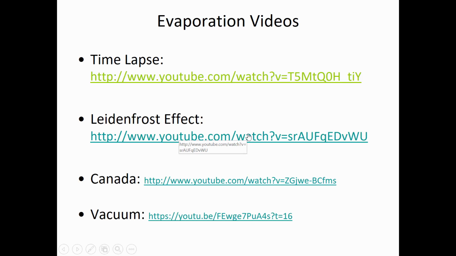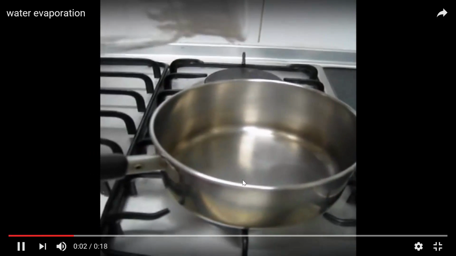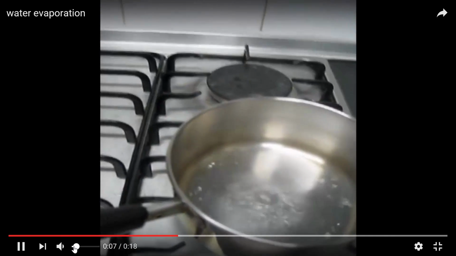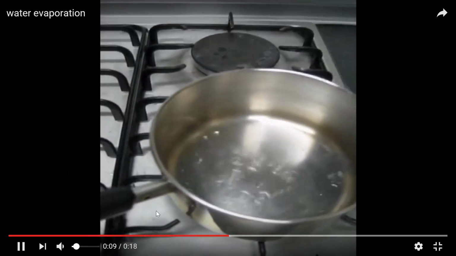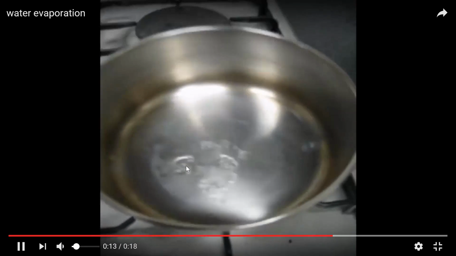Let's watch what is called the Leidenfrost effect. It's when evaporation can occur so quickly that it creates a cushion of air. So they poured water into a hot skillet, and it's just sort of dancing around on that skillet.